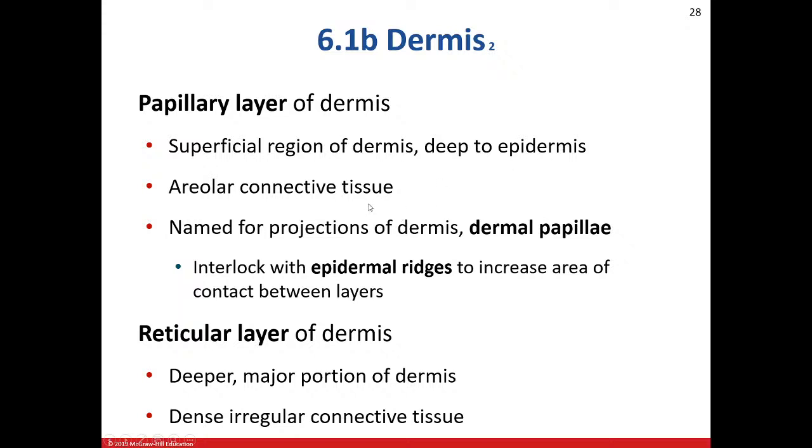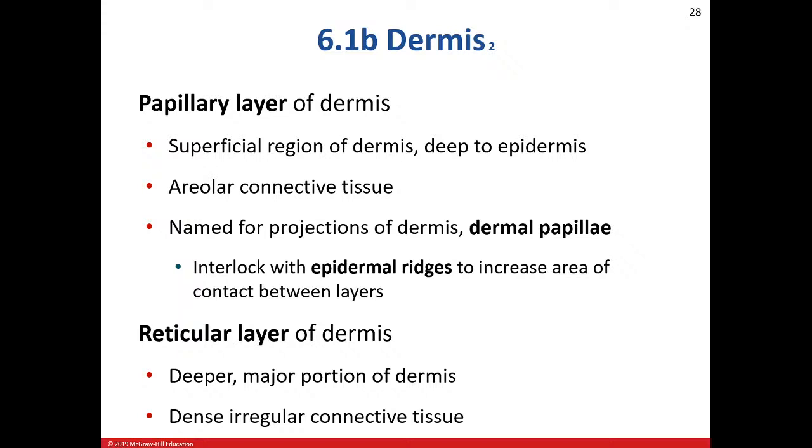All right, so papillary layer. Yes, we mentioned areolar connective tissue, and it's named for projections of the dermis called dermal papillae. The word papilla, I believe, means nipple, and so these look like nipple-like projections up into the epidermis.